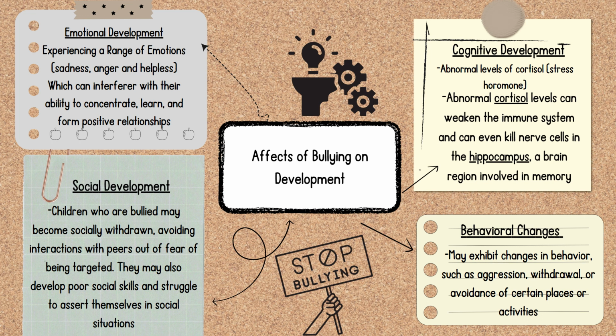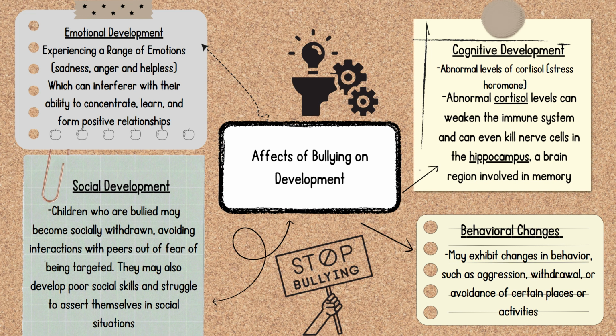For example, it can weaken the immune system, and it can kill nerve cells in the hippocampus, a brain region that involves memory. Social development. Children who are bullied become socially withdrawn, avoiding interactions with peers out of fear of being targeted. They may also develop poor social skills and struggle to assert themselves in social situations.